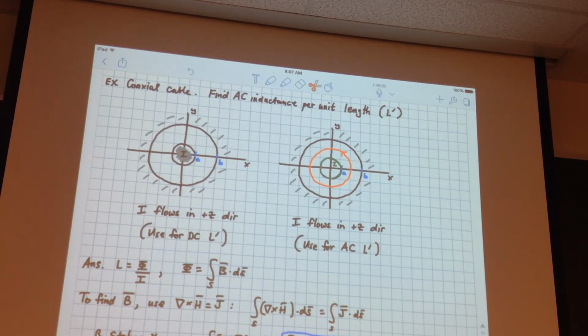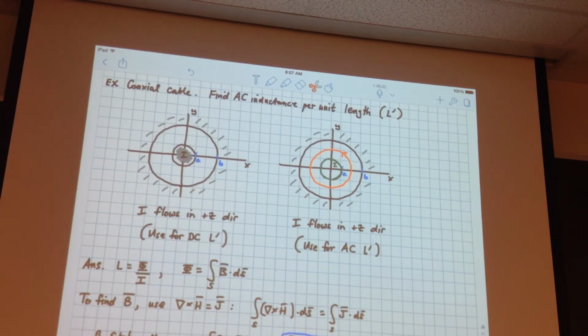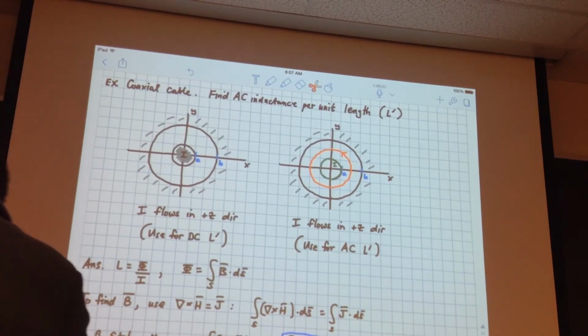The magnetic field is going to reside between the two metals, shown here in orange. By the right-hand rule, you put your thumb in the direction of the current, and your fingers will be in the direction of the magnetic field. Because of the symmetry, we can use Ampere's law to solve for the magnetic field.